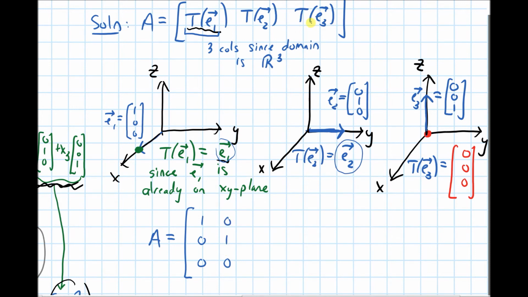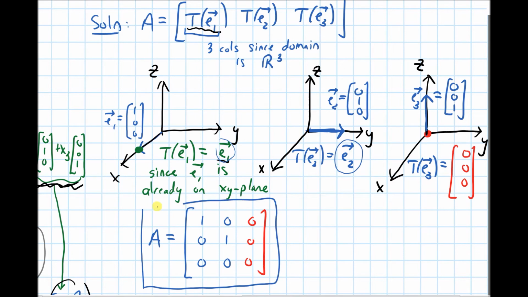The third column is T of E3, and I know that T of E3 equals the 0 vector, so this is where it's different. T of E3 ended up being the 0 vector, and that is my standard matrix. That is the standard matrix associated with this transformation, with projecting points in R3 onto the xy plane.